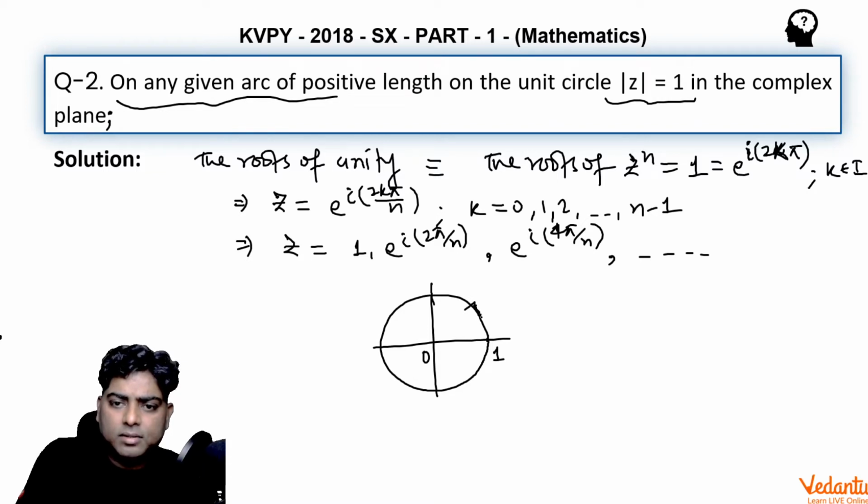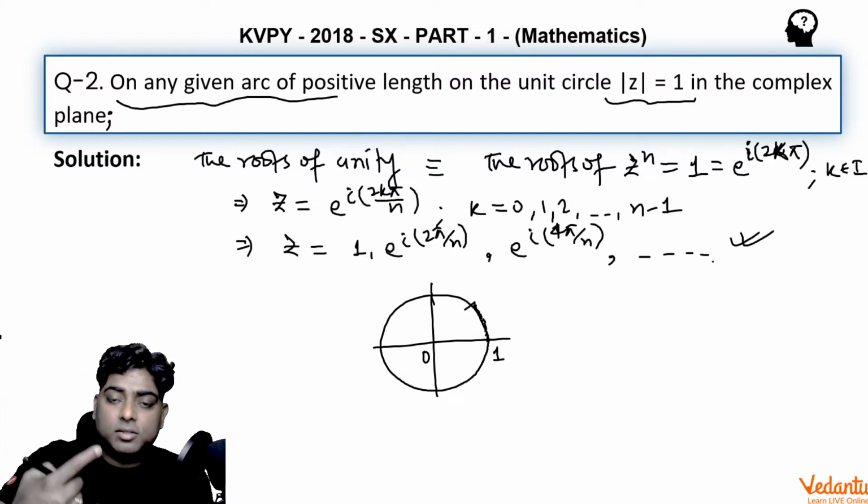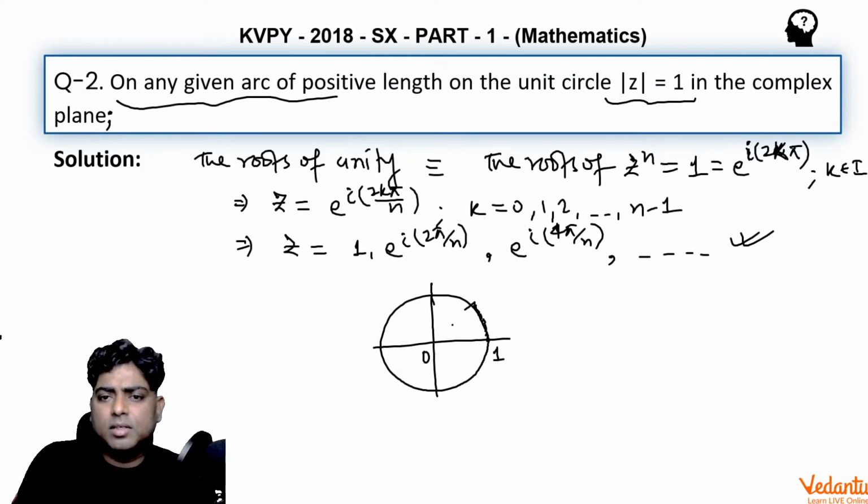On this arc, these roots of unity are distributed symmetrically on the circle. The chord joining two consecutive roots will subtend what angle? 2π/n at the center.